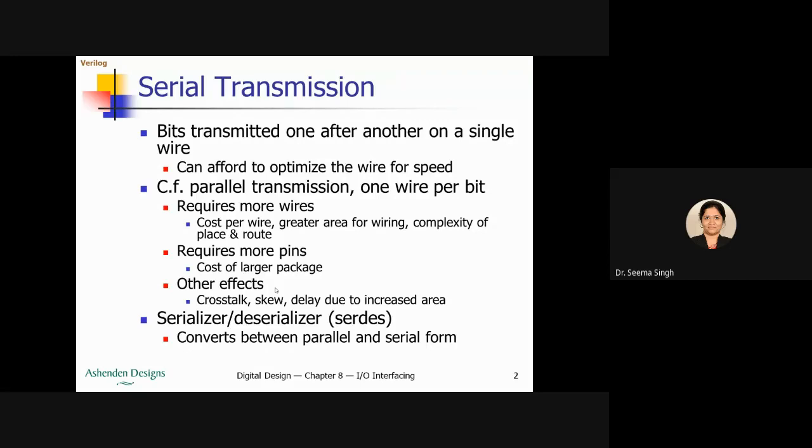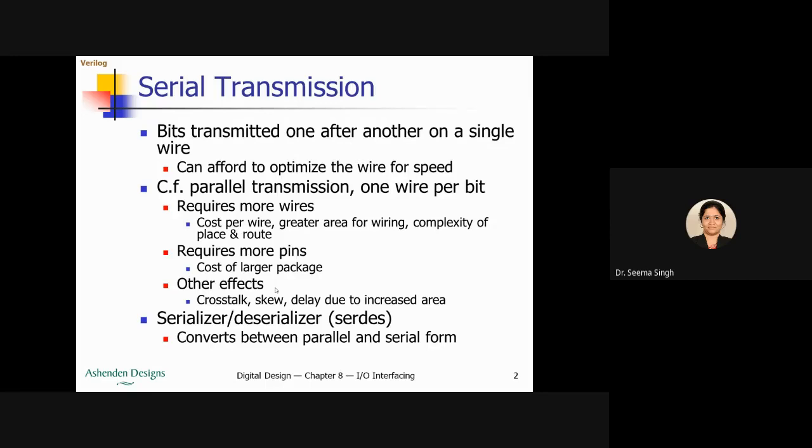And because bits are transferred one by one, the speed will be less compared to parallel transmission. In parallel transmission, if you have 8-bit data transfer, you will have 8 wires. If you have 16-bit data transfer, it will have 16 wires.